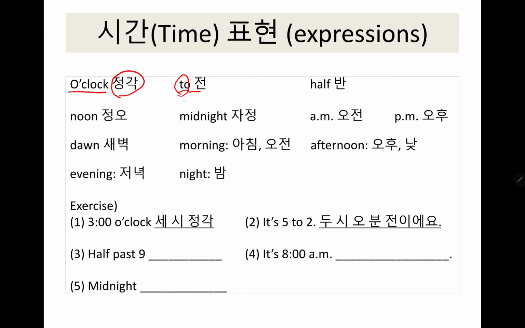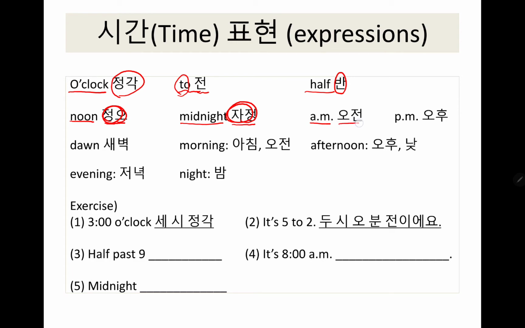When you use 'to' in this case, you can use 전. 전 actually means before. 반, we covered this. Noon, 정오. Midnight, 자정. So 정오 is when there is sun outside, right? 자정, when there is moon outside. Okay.